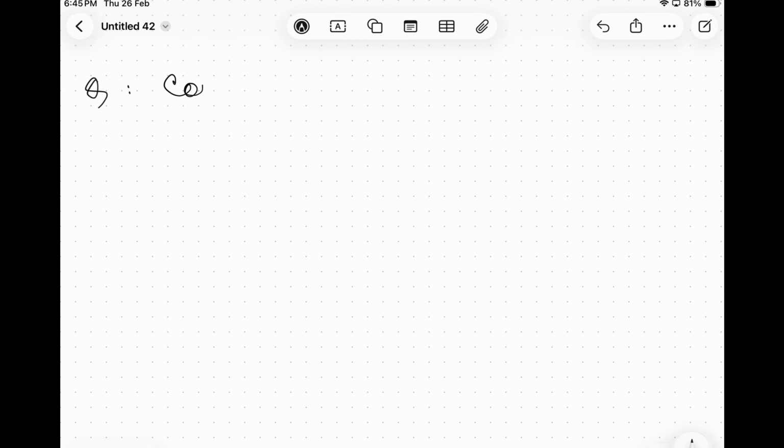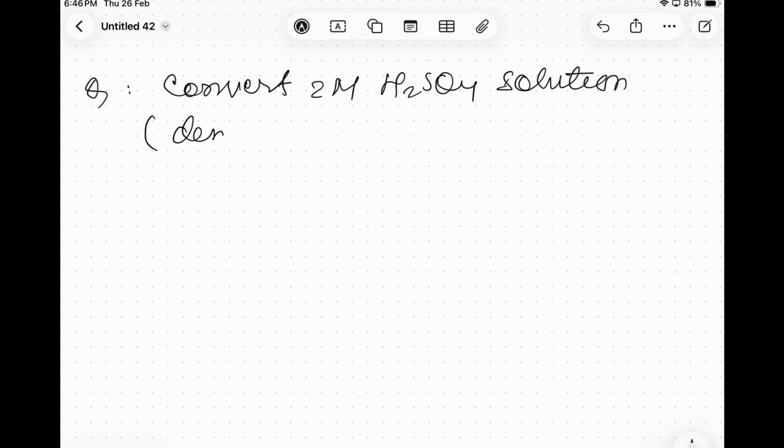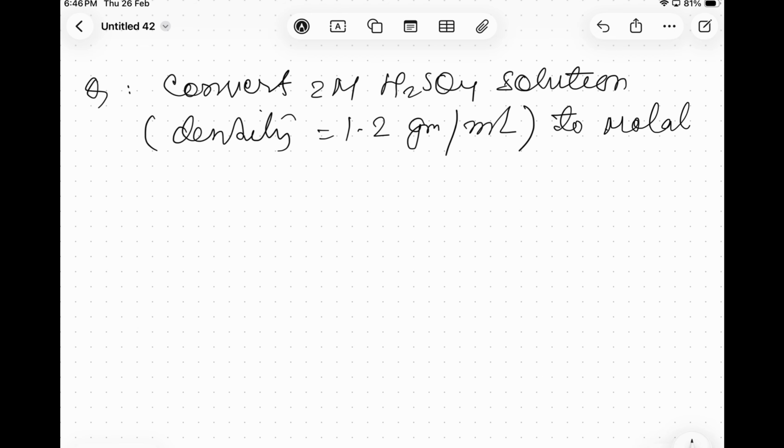Convert 2 molar H2SO4 solution, density of solution 1.2 gram per milliliter, to molality.